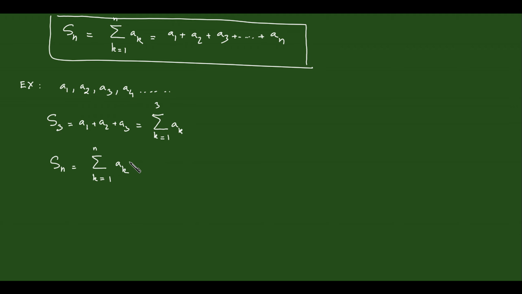And if n is infinity, then we can write sigma notation from k equal 1 to infinity of a sub k. So if n equals infinity, then we can write it like this.